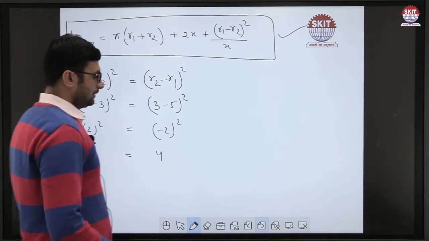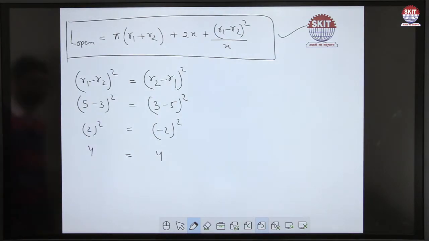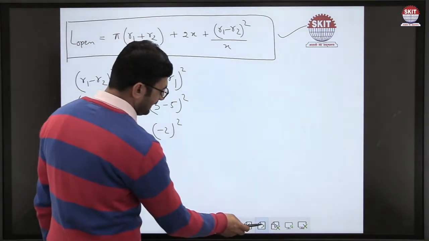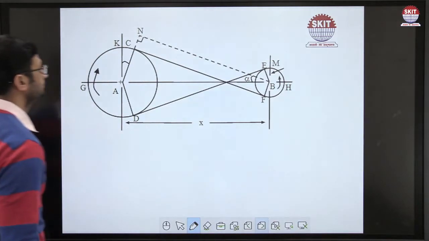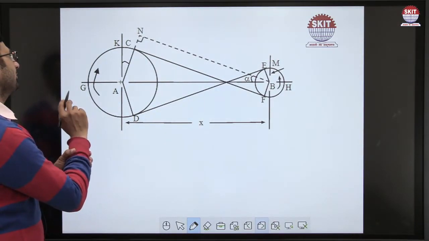Okay, now we find the length of the cross belt drive. This derivation is also similar to the open belt length drive.